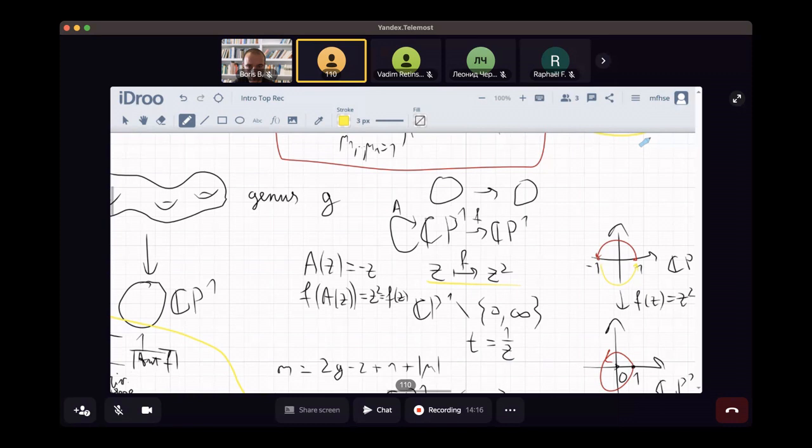And over infinity we'll have a simple branching point, and over 0 as well, a simple branching point. And over some general point, it's just like this, right? So what does it correspond to in terms of G and mu?